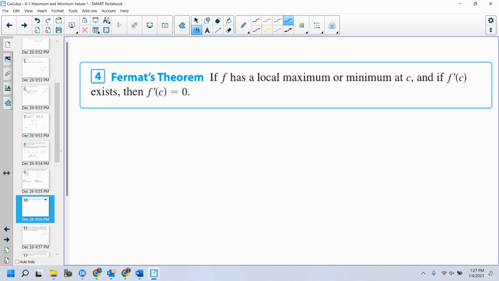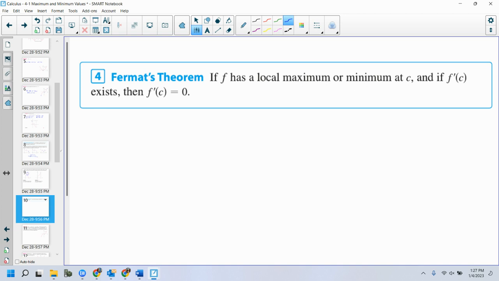Now, this is extremely important. This is the big one here. It's called Fermat's Theorem. Pierre Fermat.